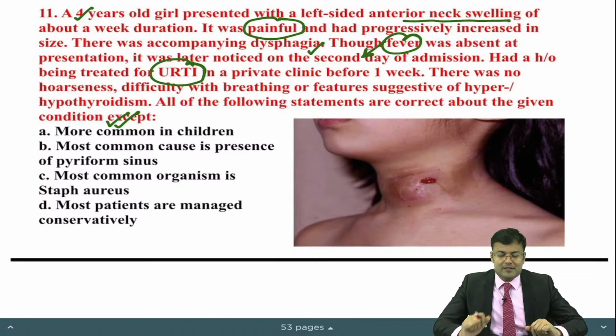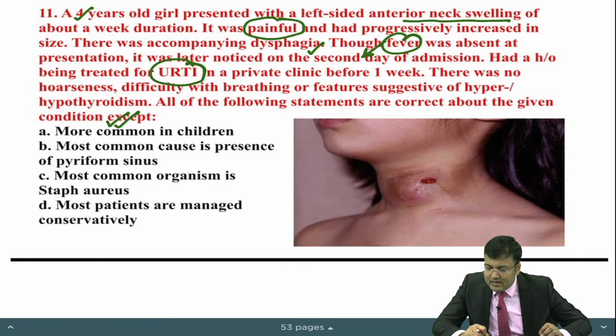You tell me first. What is the diagnosis? There is fever also. Shweta Sharma is saying Riedel's thyroiditis. No, it is not Riedel's thyroiditis, Shweta. It is something else.